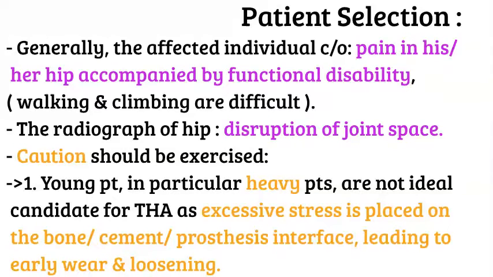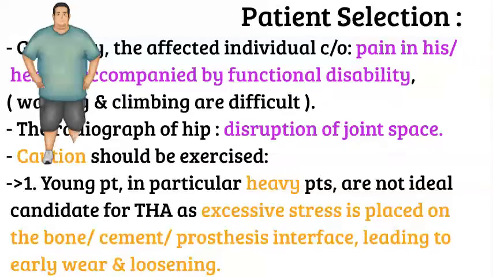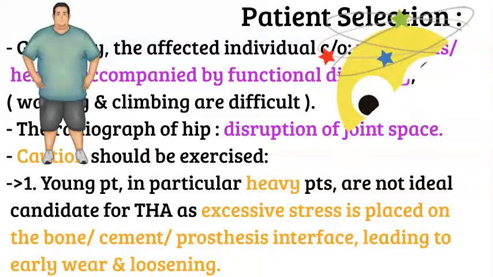Number 1, young patients, and in particular heavy patients, are not ideal candidates for total hip arthroplasty, as excessive stress is placed on the bone, cement or prosthesis interface, leading to early wear and loosening.